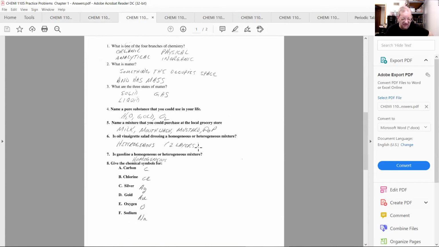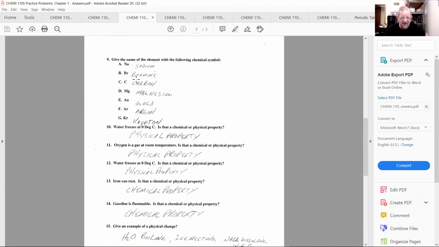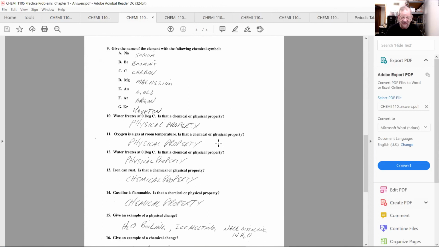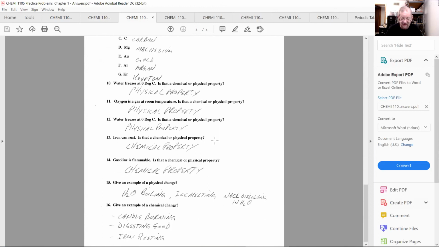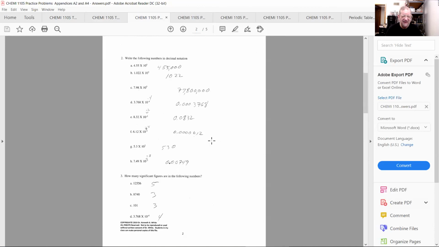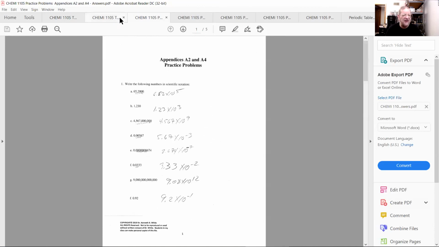And then give the name of the element with the following symbol. I have questions about, is this a physical or chemical property? Is it a physical or chemical change? And I would highly recommend you know how to do this one. So I'm going to get rid of it.